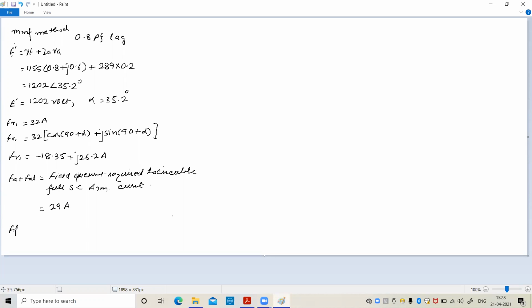Therefore FF is equal to FR1 minus FA plus FAL.